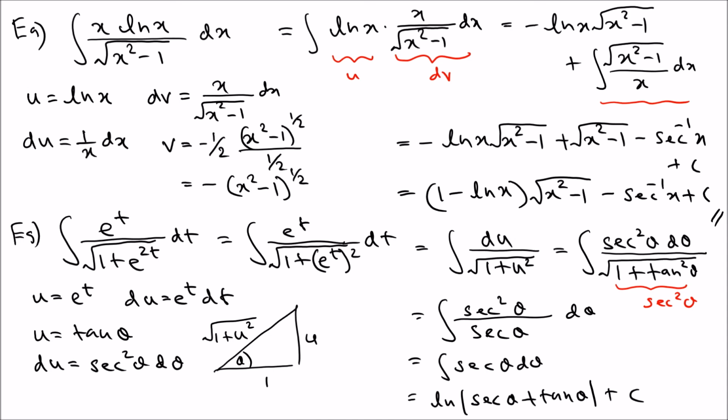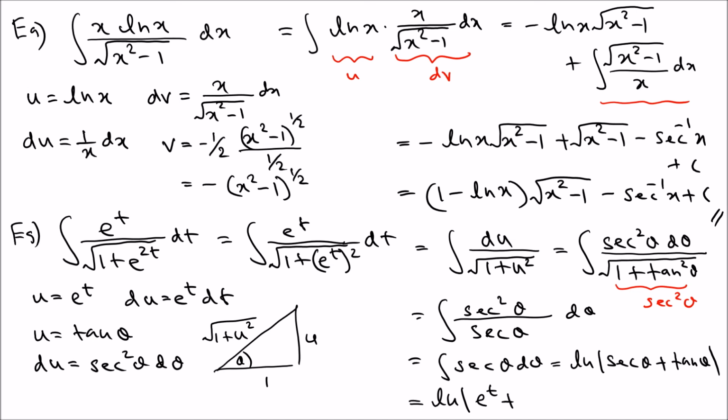So this is going to be ln of tan theta, which is u, meaning e to the t, plus secant theta. Secant theta means the square root of 1 plus u squared, with u equal to e to the t.